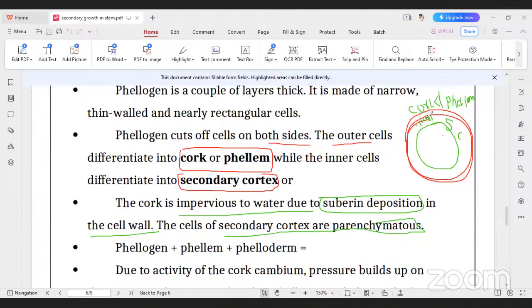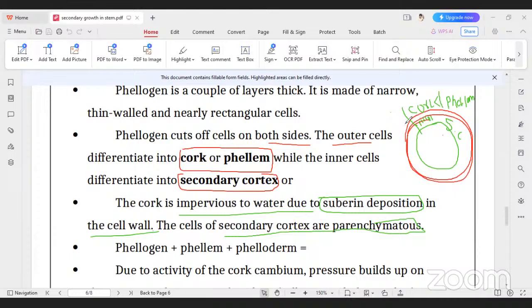Now the phellogen, phellem, phelloderm: phellogen, phellem, phelloderm. So anyway, all together form as a periderm.